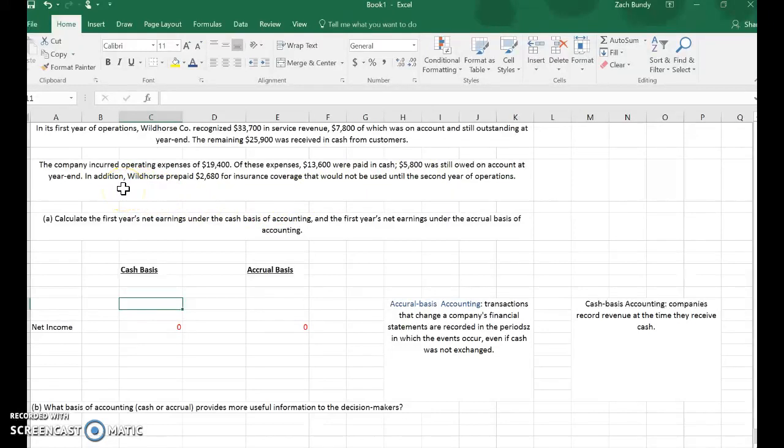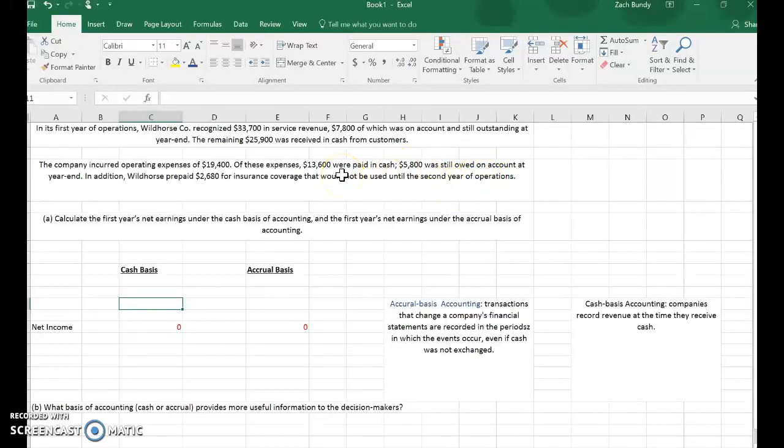In addition to all of this information, Wild Horse prepaid in cash $2,680 for insurance coverage that would not be used until the second year of operations. So they have prepaid, meaning this insurance has not been applied to the company in the previous year.